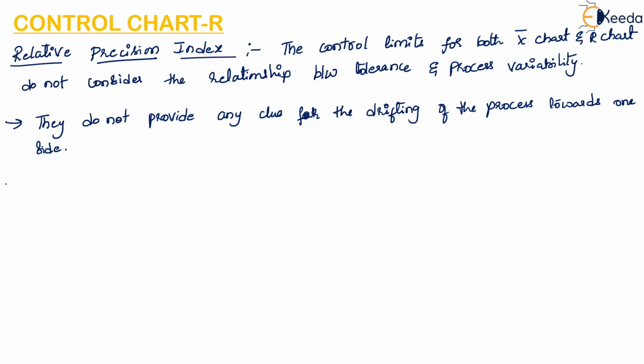So to determine whether the process may be allowed to drift before the corrective action is taken, the relative precision index, that is RPI, is used. To know whether we should allow the process to drift or not, we are using this relative precision index.